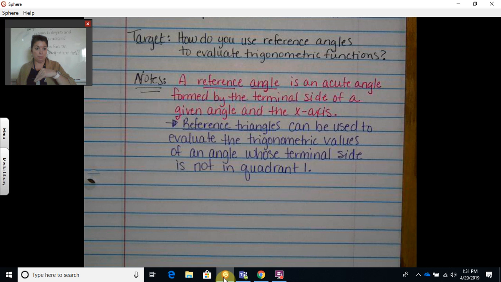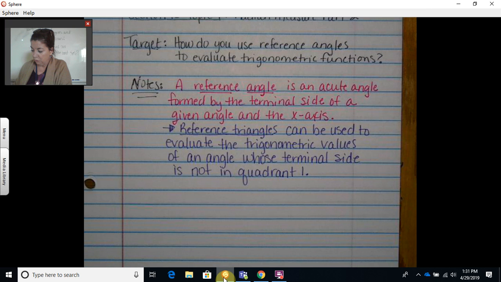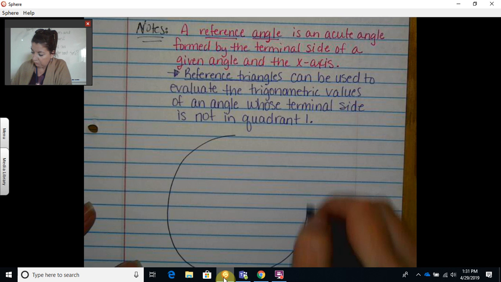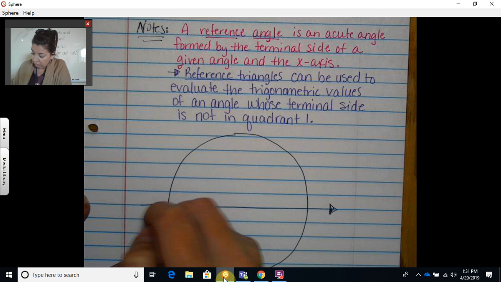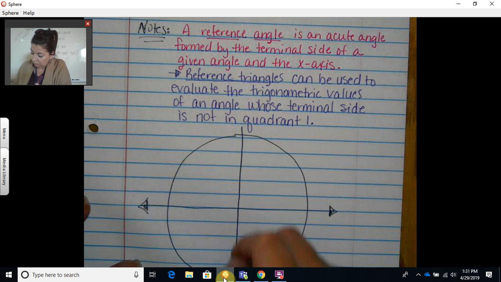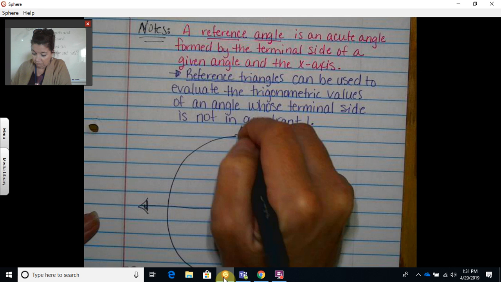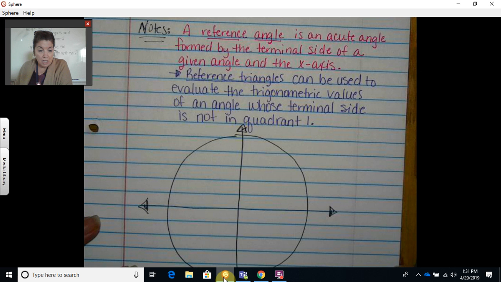Okay, so for example, like I just said, I'm just going to draw that real quick. So I'm going to draw a unit circle. And I'm going to draw in a 120-degree angle.